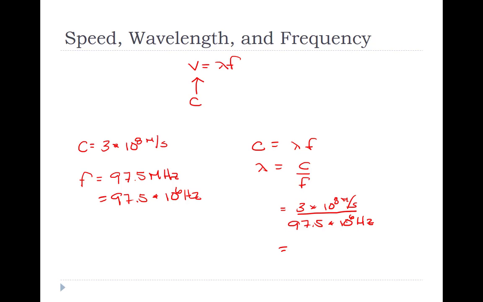And when you punch that into your calculator, that gives you an answer that is approximately 3 meters. Okay, this concludes this unit. Next unit, we're going to begin geometric optics, and we'll use some of what we've done here as a basis for that discussion.